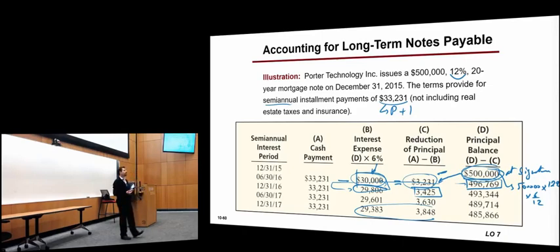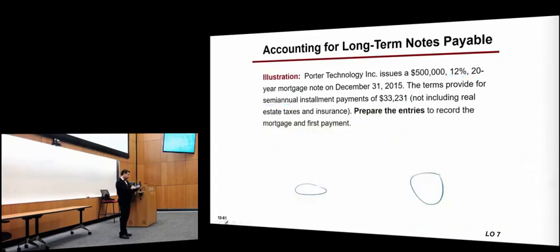We subtract the reduction in principal from the balance in principal, that will give us the new balance in principal. This is what we will apply the interest rate to. We will apply the interest rate to the new balance in principal. Okay?